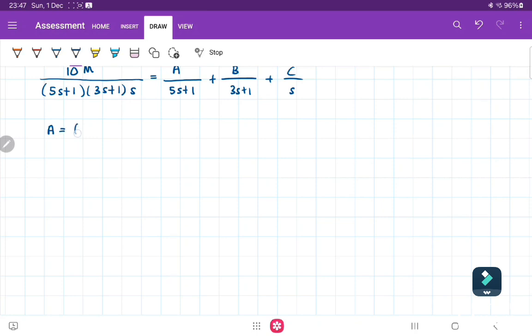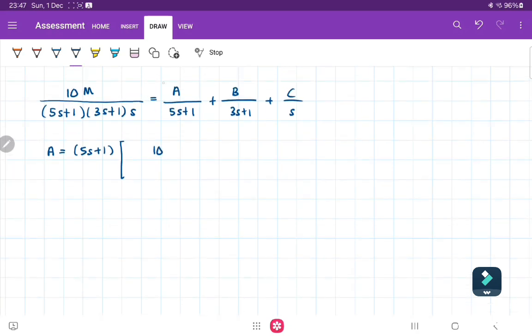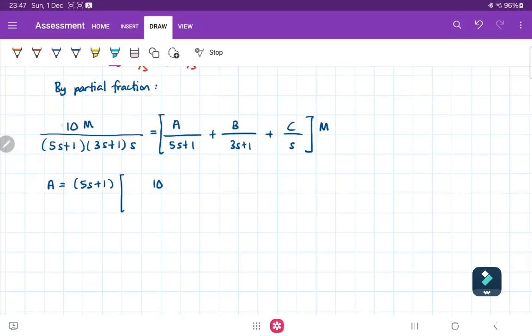For me, I would like to solve it this way because these are real and distinct roots. To find A, I'm going to multiply the denominator for A, which is 5s plus 1, with the overall y of s. In this case it is 10. By the way, you have m here because you are expanding the whole equation. This m can be cancelled with that m.